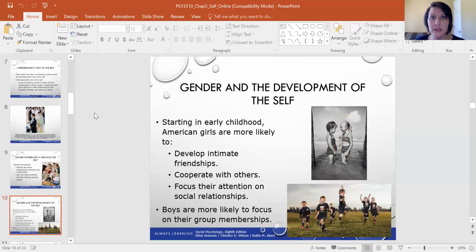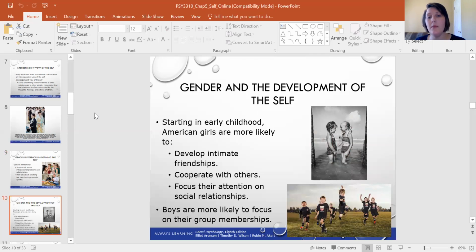But we do know that there are some differences in terms of how men and women start in terms of their development of themselves. And the question is, do we push that as a culture? Is that a genetic thing? Is it a cultural thing? And we find that it's very specifically cultural in our country.